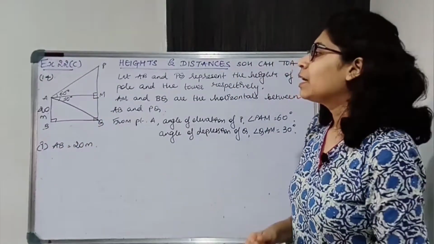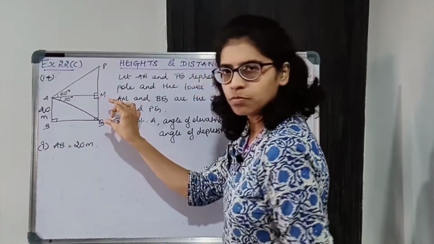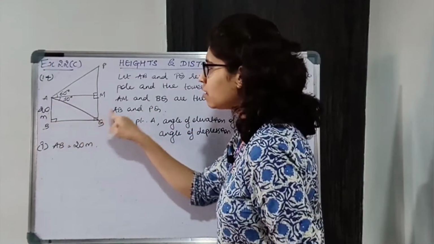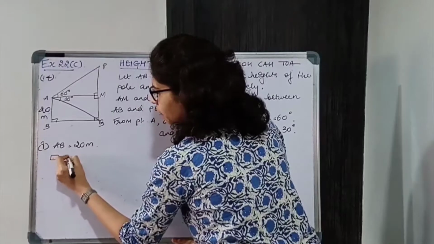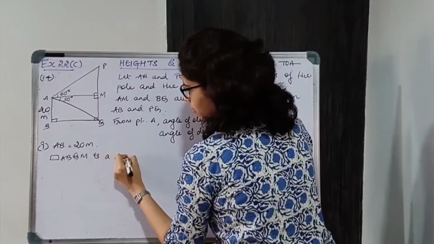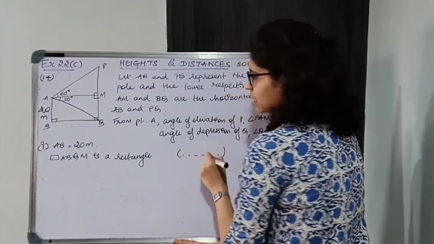ठीक है. Now PQ find करने के लिए first we'll find MQ. We know AB is equal to MQ. ठीक है. So for that we'll consider this rectangle. So quadrilateral ABQM is a rectangle. From the figure only you can say.